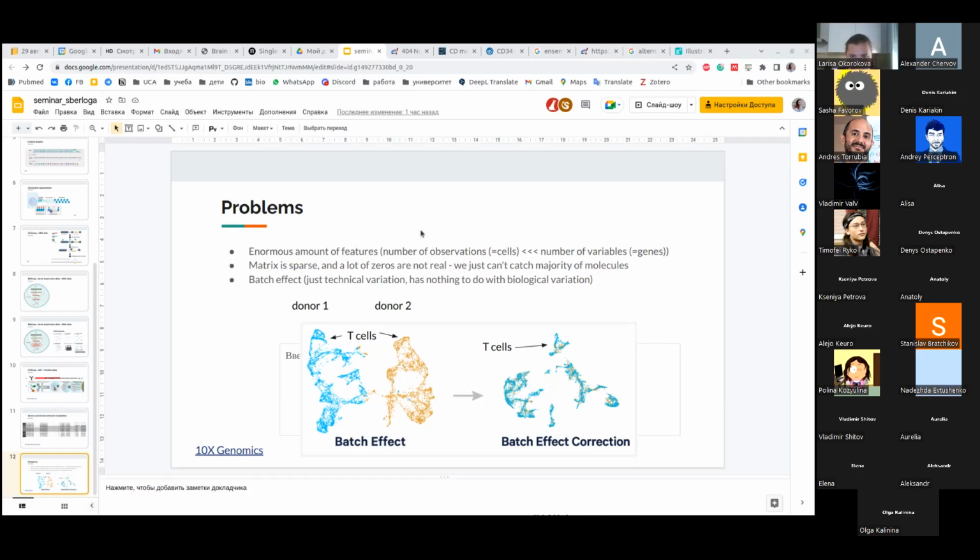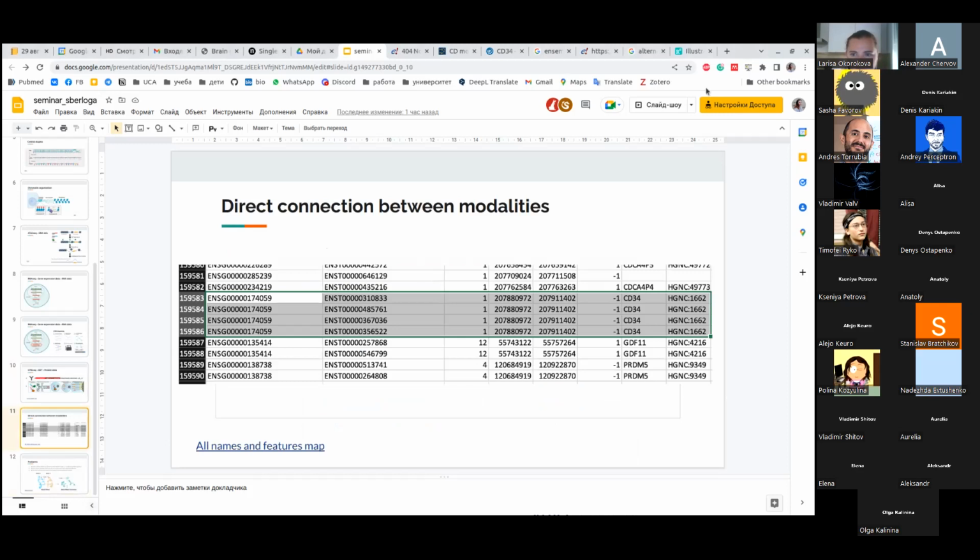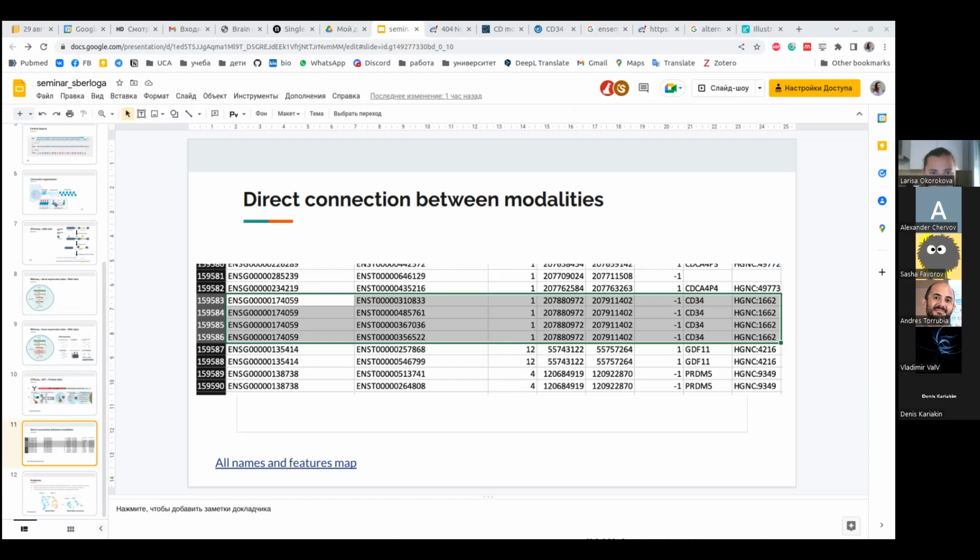I have a question, or I had a question. Can you show that table where we match ATAC-seq and Cytosec data? This one? Yes, this one. I'm pretty sure that you drew something to show how to match this data, but it's not visible for us, or at least for me. It's this green.